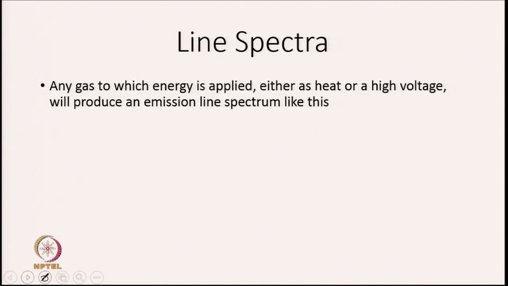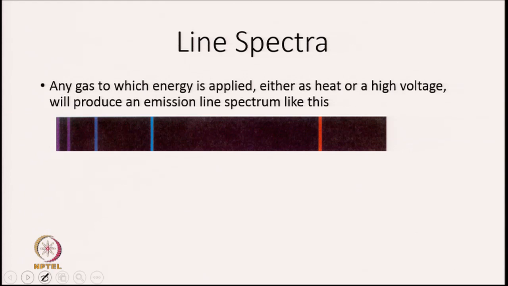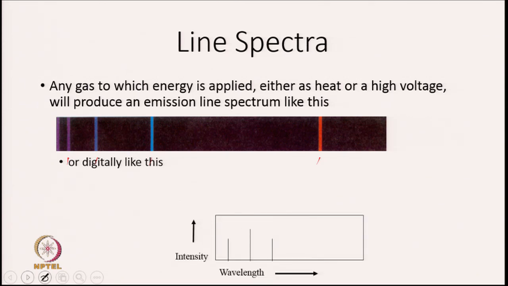You can see a line spectrum by hitting an element, or by applying heat to a gas, and that will produce an emission line spectrum like this, where only light of particular wavelengths is observed. If you like to see it digitally, it will look like this.